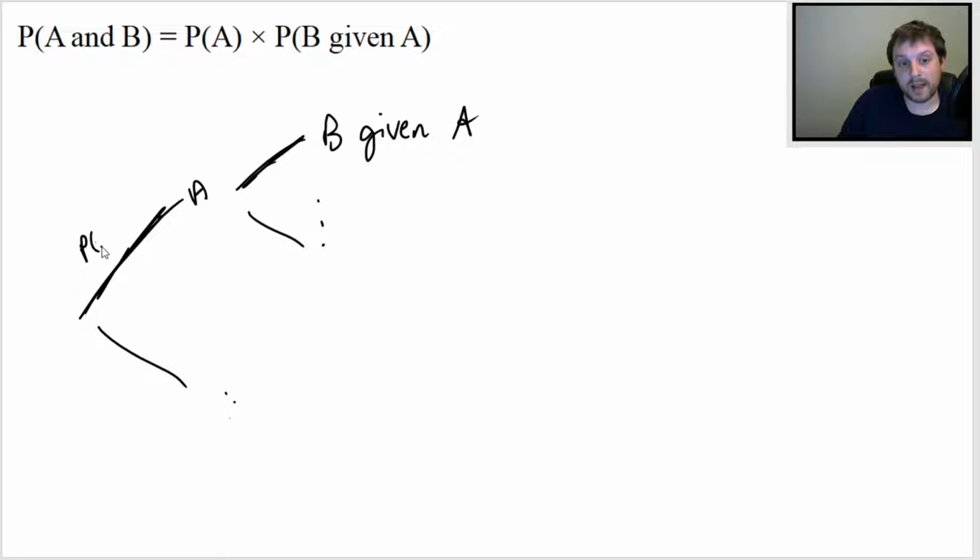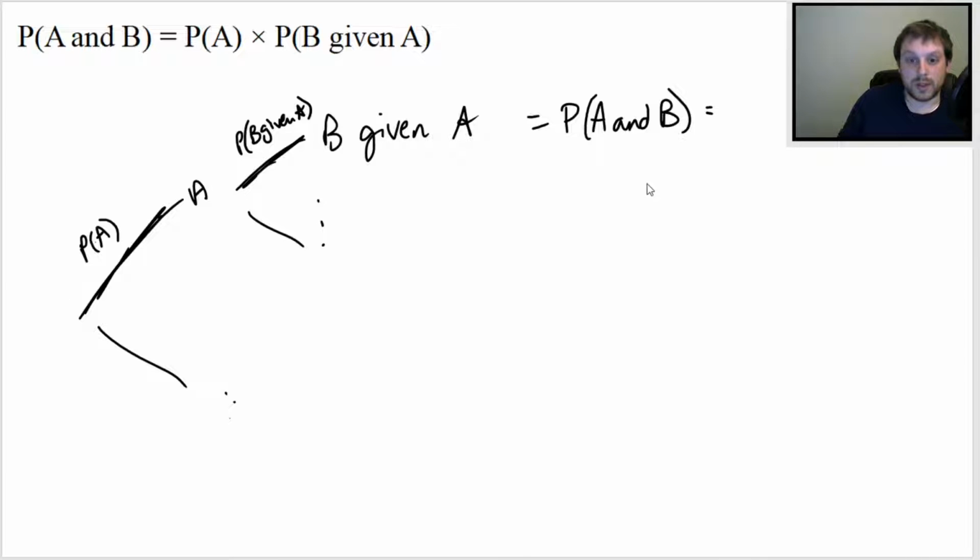And so really I have the probability of A, the probability of B given A, and this right at the end would be the probability of A and B, which is this product. Now I should just say, this straight line is just shorthand for the word given in this context. So I might start writing that when I'm trying to be quick.